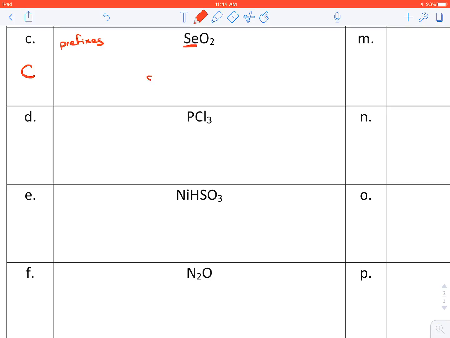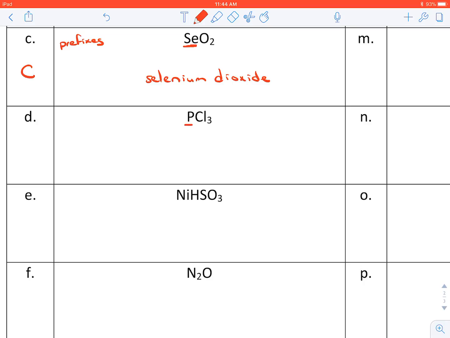So we're going to say selenium dioxide. Remember, we don't use mono on the first element, we just use it on the second element. We use all the other prefixes on both of them. All right? Awesome, rolling on.